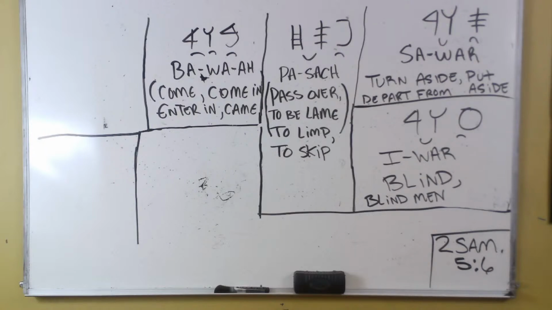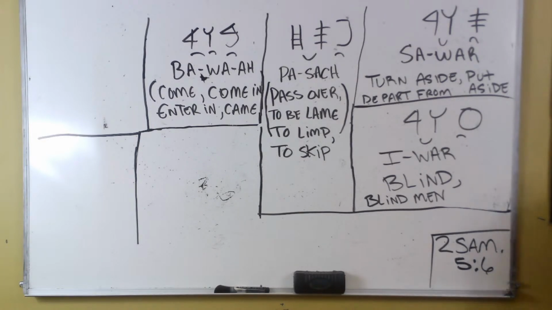And the king and his men went to Jerusalem unto the Jebusites, the inhabitants of the land, which spake unto David, saying, except thou take away the blind and the lame, thou shalt not come in hither. Thinking David could not come in hither.